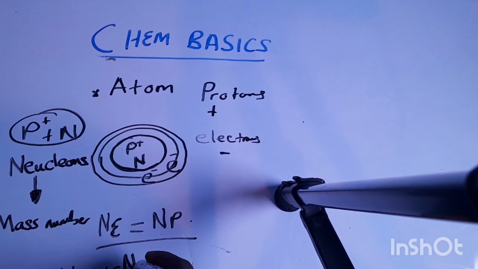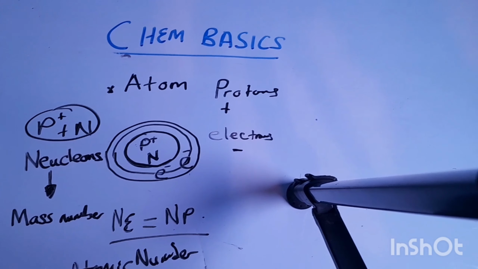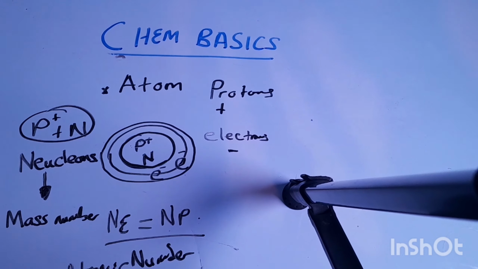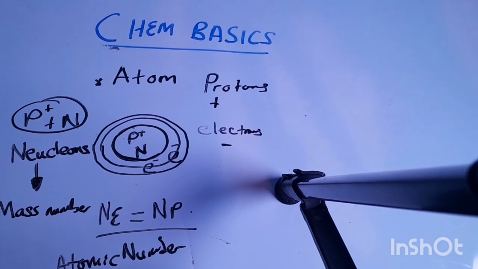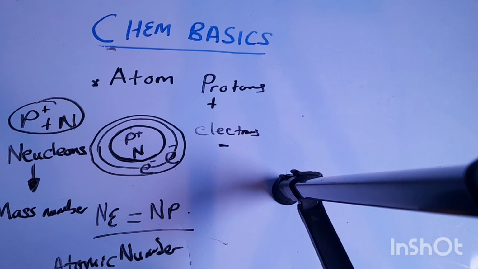So we said electrons are equal to what? To protons, and we call that the atomic number.